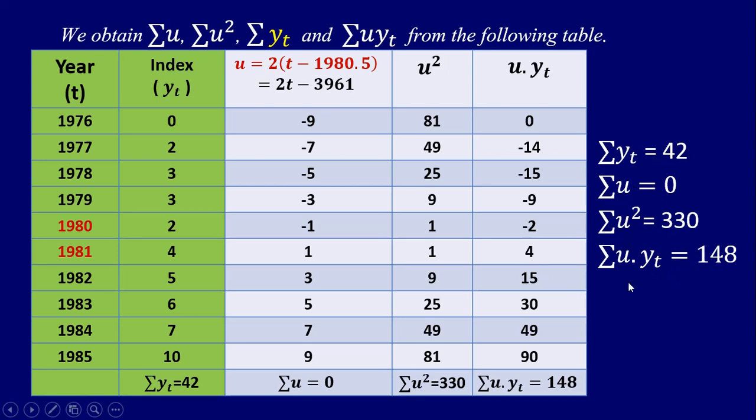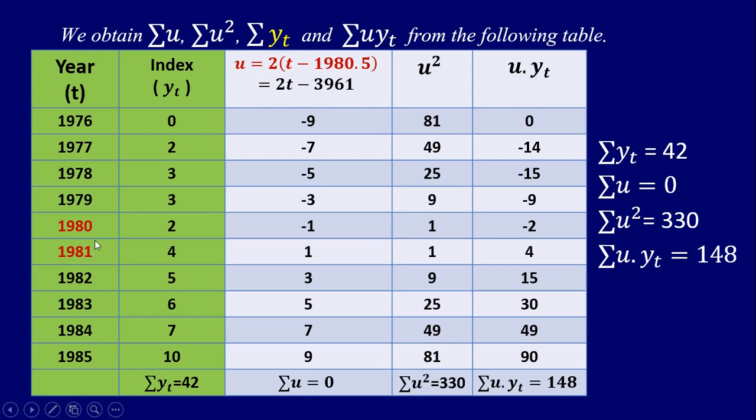So these are the four values we require to solve the two normal equations. We only have to substitute these four values in the normal equations. So we prepare this table to get these four values. One thing to remember is, when the number of observations is even, we get two middle values.